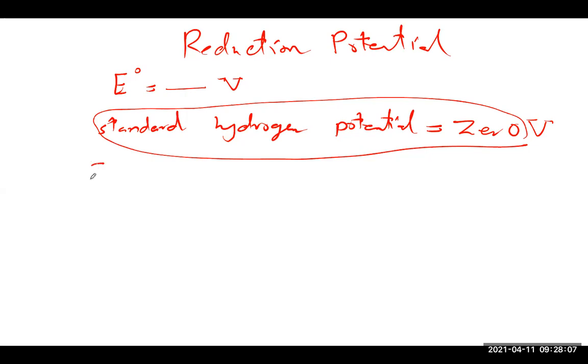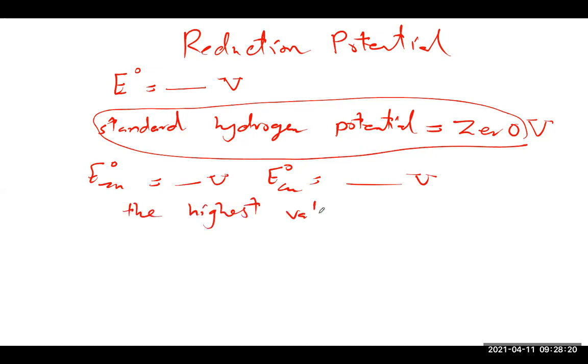So we will have the value for Zn, and we will have the value for Cu, and we can compare between them. The highest value is the cathode, and the lowest value will be the anode.